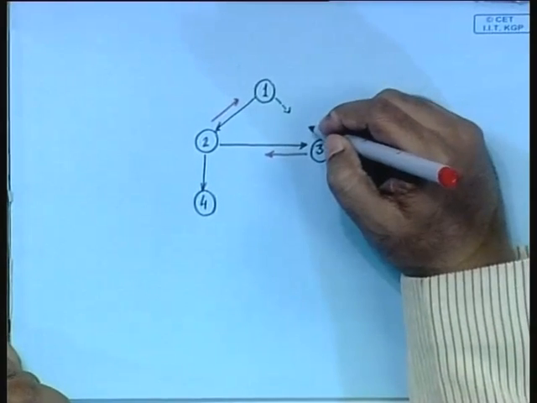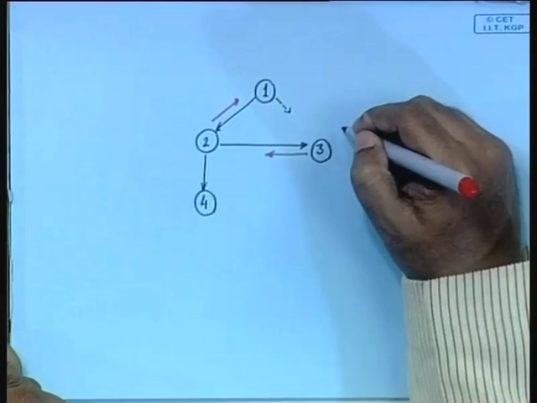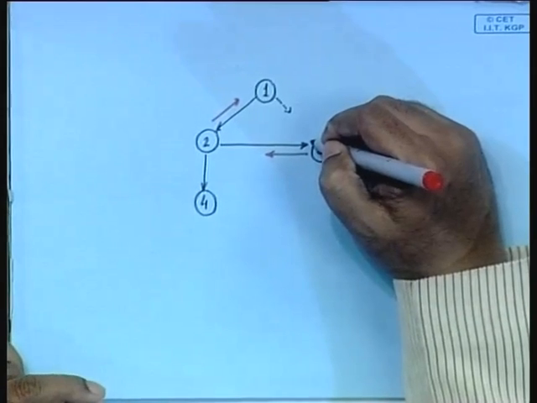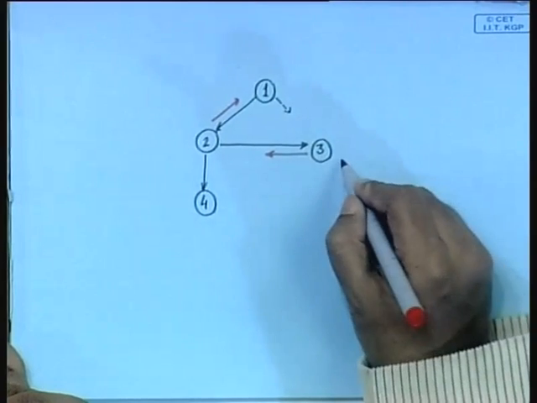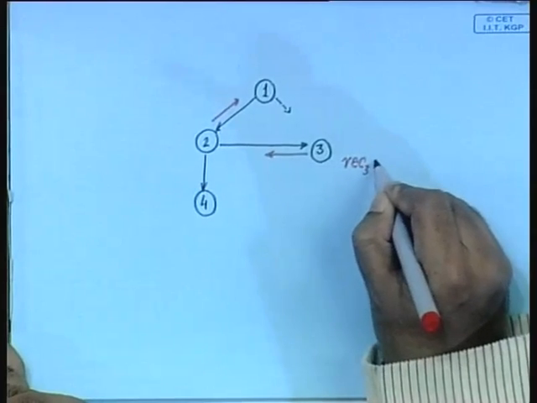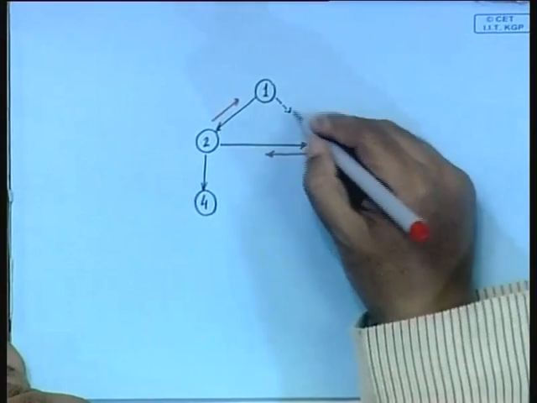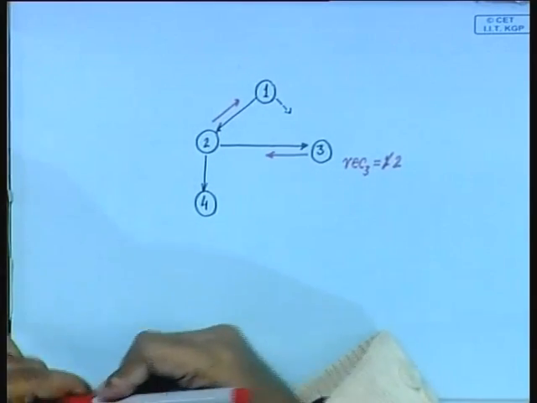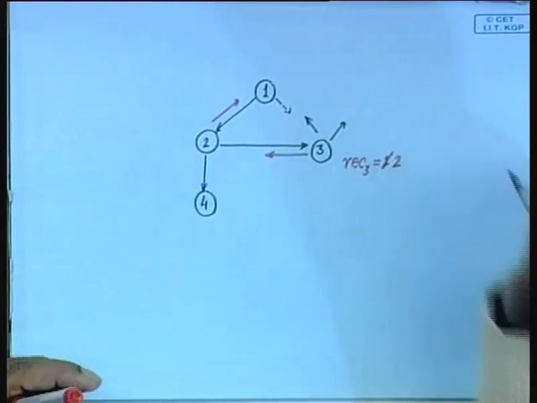Now, before it has sent out the tokens, it gets this one. What is it going to do? It will simply add it to its count. When it got the first token, its REC 3 was 1. When it gets this token, it will be revised to 2, and it will also send tokens to all its neighbors including 1.